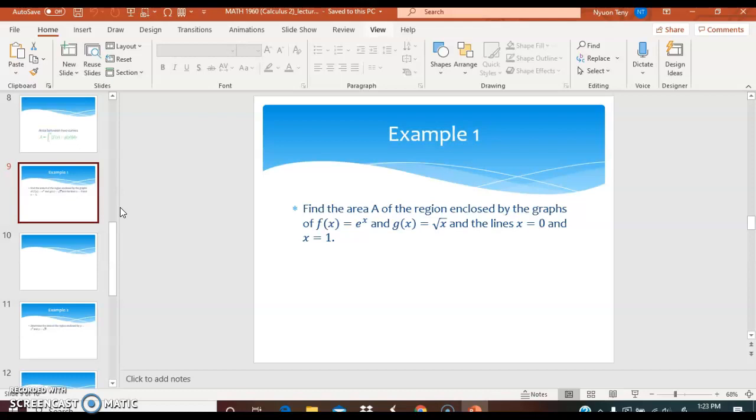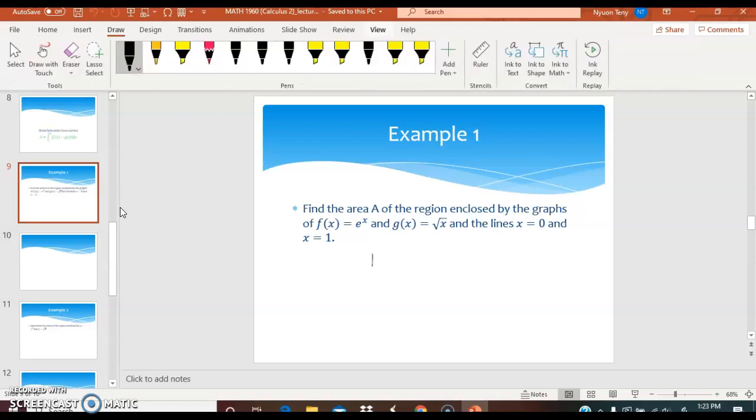First of all, to find the area between two curves, we discussed earlier that we use this formula: A is equal to the integral from a to b of f of x minus g of x dx.